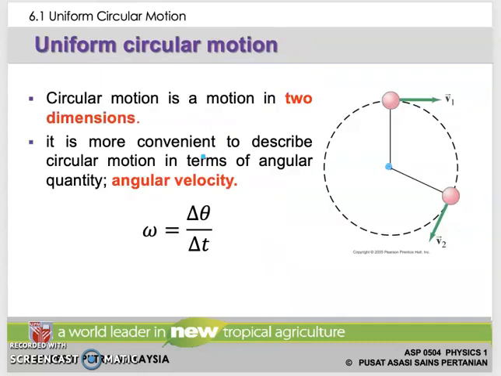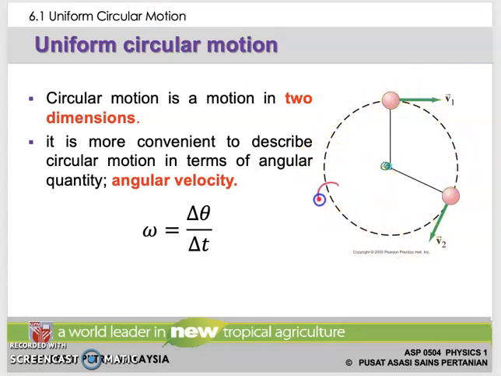Now, circular motion is a motion in 2 dimensions. For example, I have a ball connected to a string. This is my center of rotation, and my ball moves in this circular path.